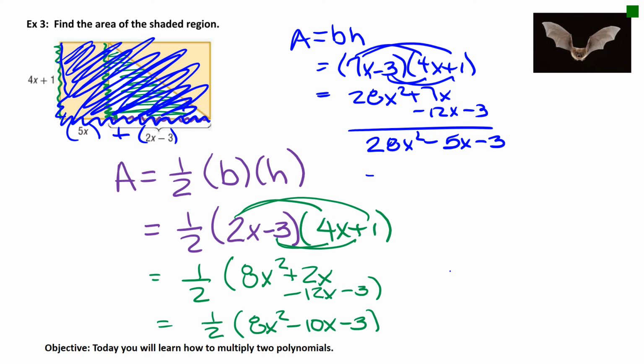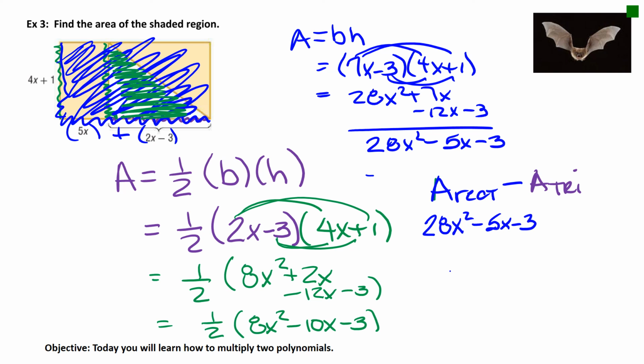If I want just the shaded area, I need to take away this area of the triangle. So I'm going to take the area of the rectangle minus the area of the triangle. So the rectangle is 28x squared minus 5x minus 3.